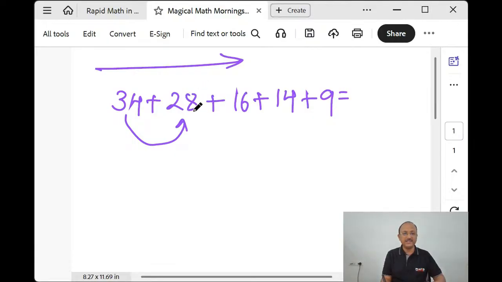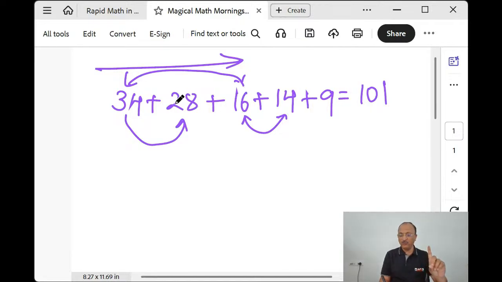54 plus 8 is 62. And the sum of these two is 30. So 62, 92, plus 9, 101. How do I say this very fast? Very quick means we can add these two also. 50, 70.